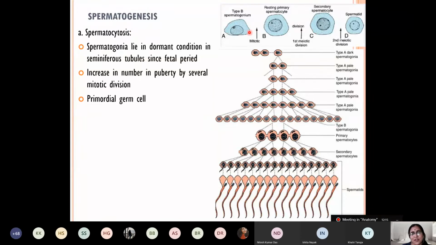In the male it is known as spermatogonia, plural gonia, singular gonium. The spermatogonia lie in a dormant condition in the seminiferous tubules, which lie in the testes since the fetal period, and spermatogenesis begins after puberty.